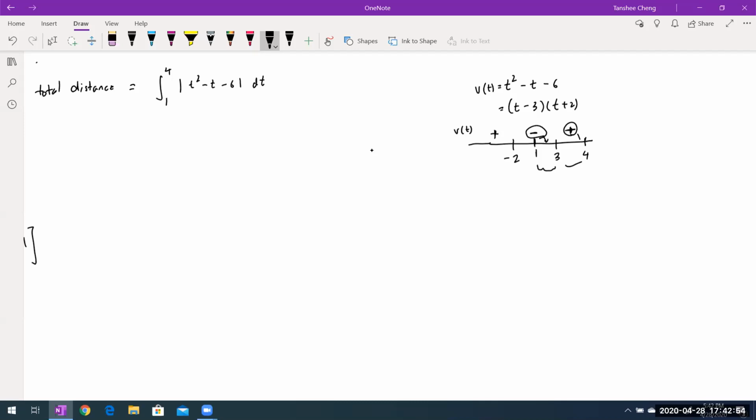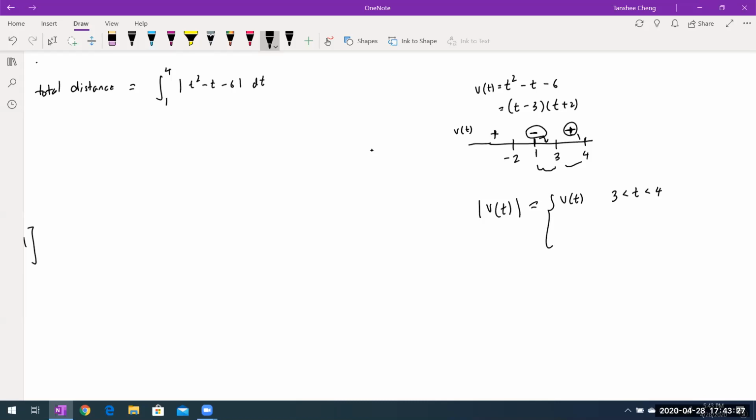So now I can basically write this. The absolute value of v of t, equivalently without the absolute value, will be just v of t when t is between 3 and 4, because this is a positive function.